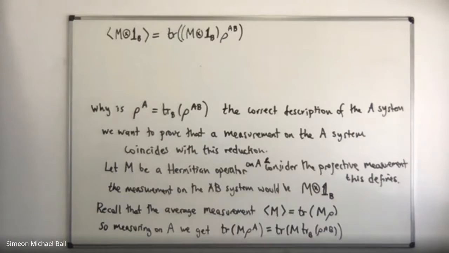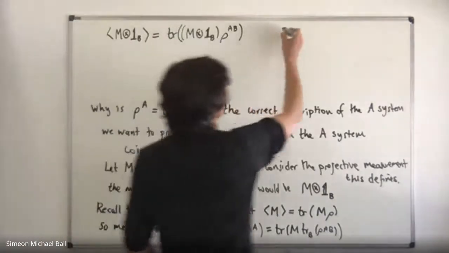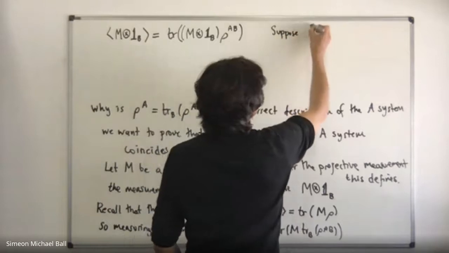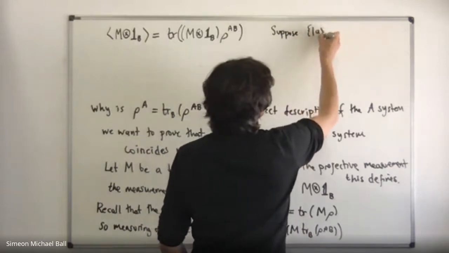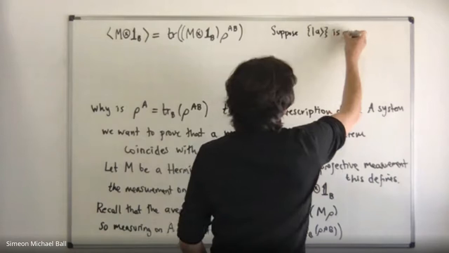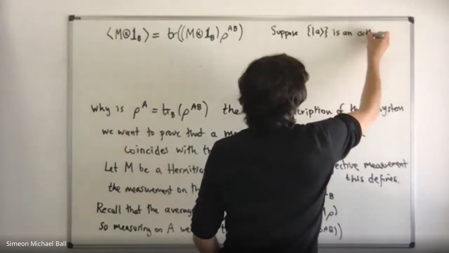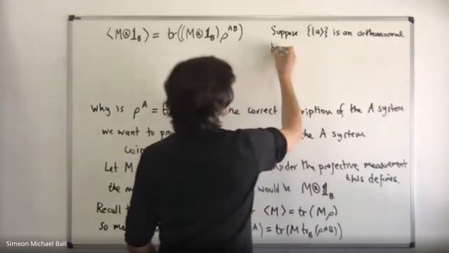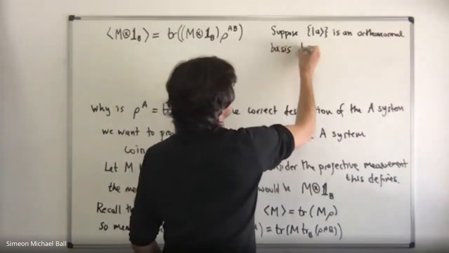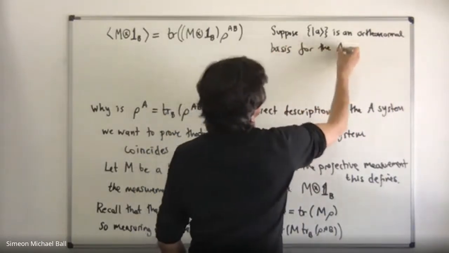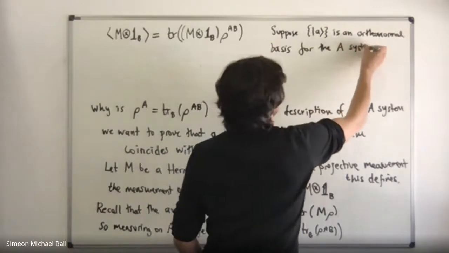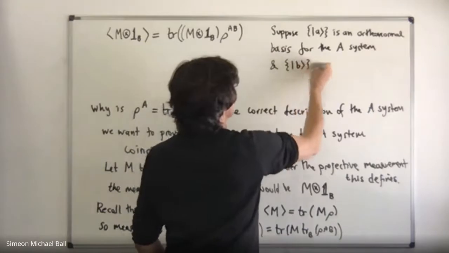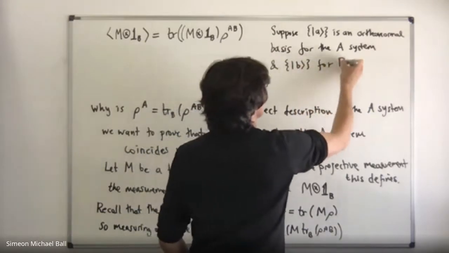So let's suppose we have an orthonormal basis for the A system, and an orthonormal basis for the B system.